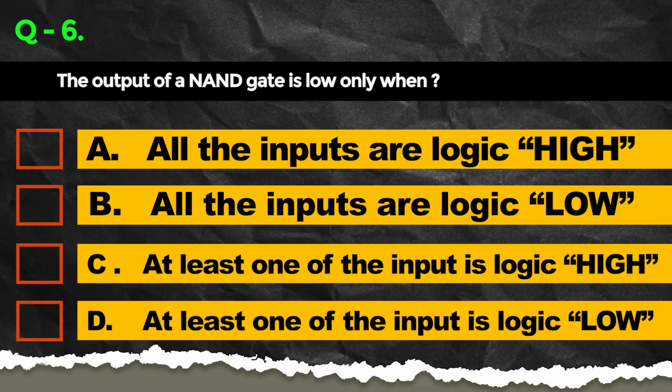In an AND gate, when all the inputs are at logic 1, suppose it is 1 and 1, then the output will be 1. Therefore, the complement of that 1 will become 0. So we can say that the output of a NAND gate is low only when all the inputs are logic high. The right option is answer A.